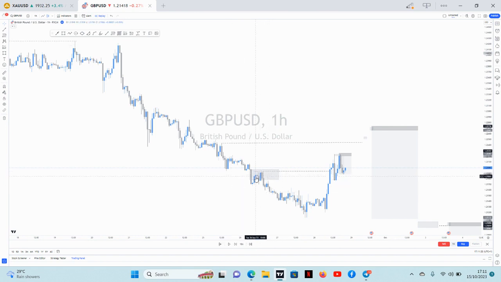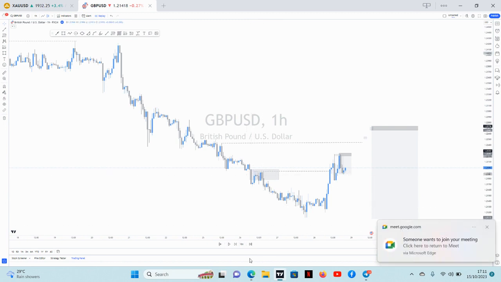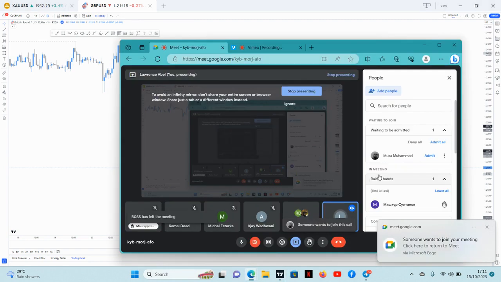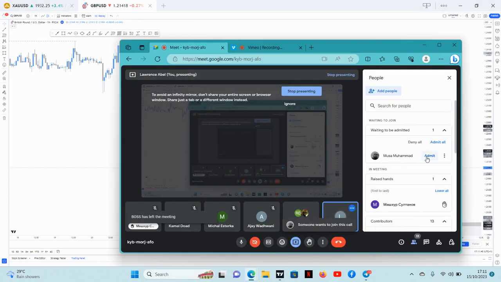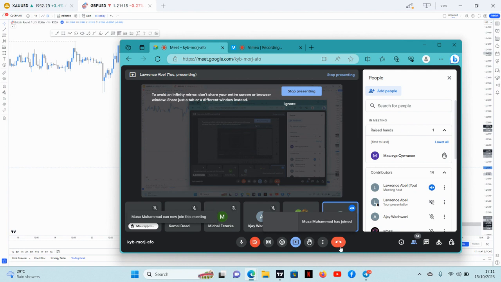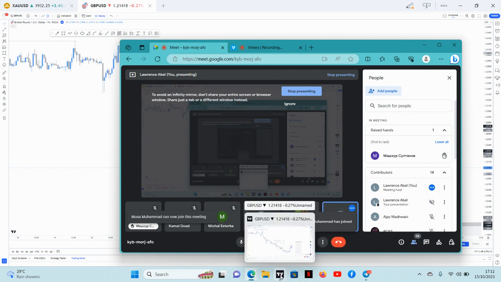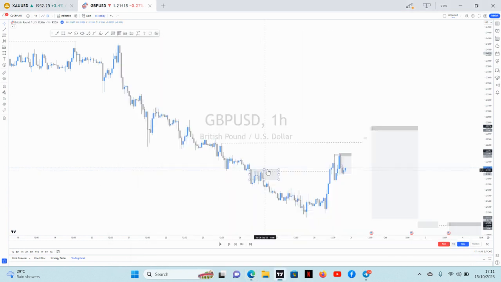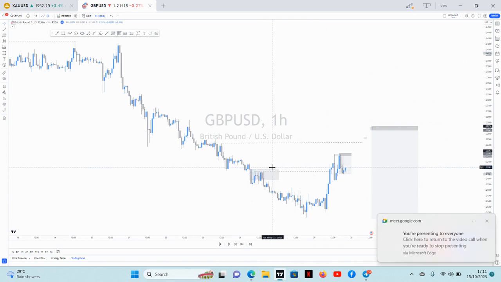And as you can see, one, two, three, four, five, six, seven equal highs, 7 hours of consolidation built a lot of liquidity around this zone and price just took it out.